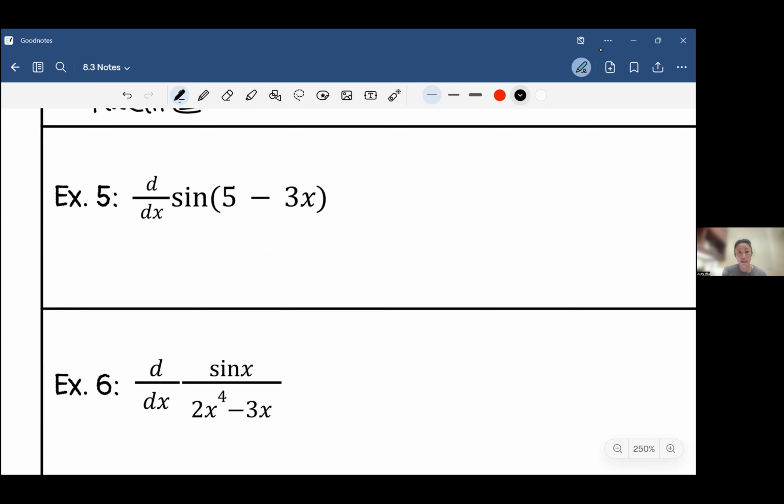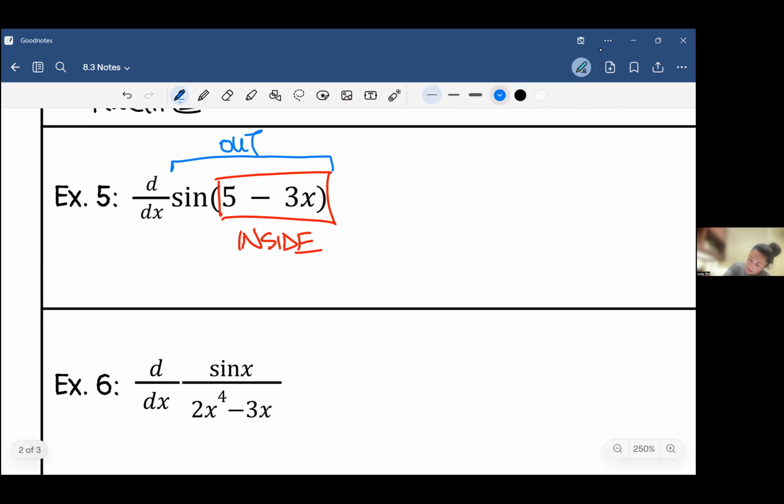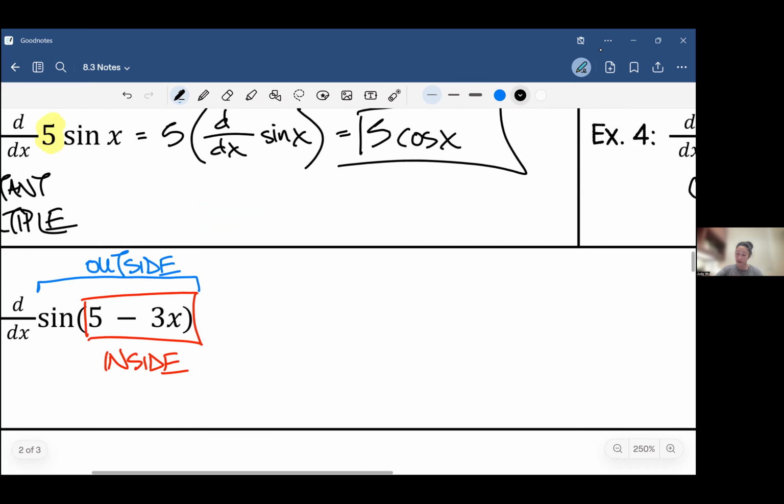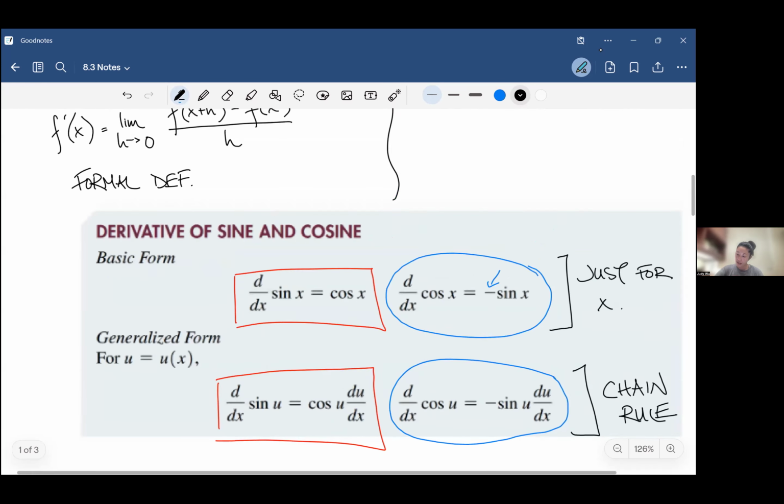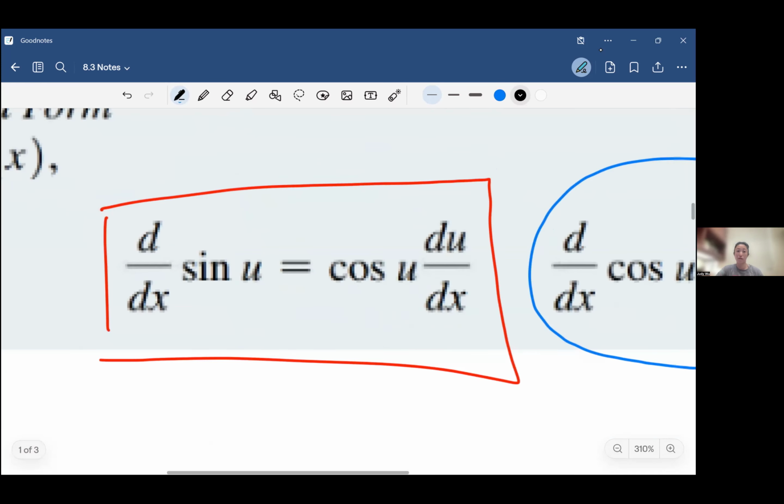Derivative of sine of something that's not just x. This is my inside function, and my sine is my outside function. So this is exactly, let me go back to that other page for a moment, this rule right here: sine of u, where u is our 5 minus 3x.